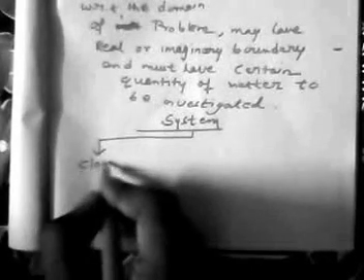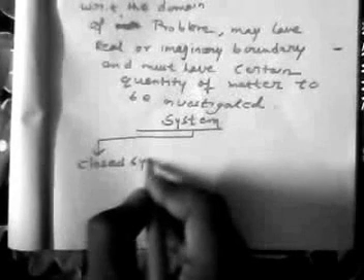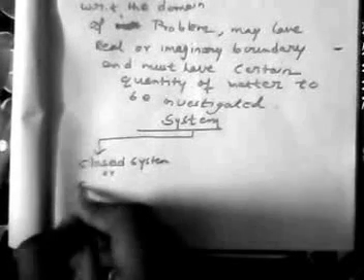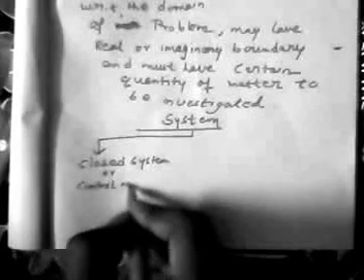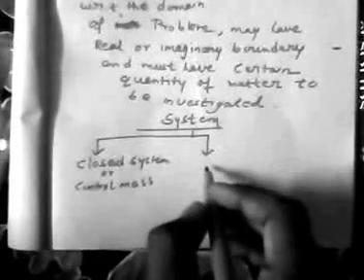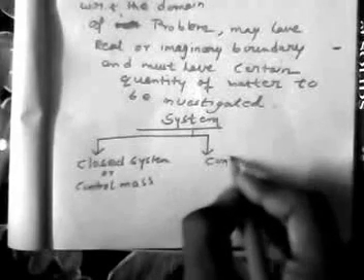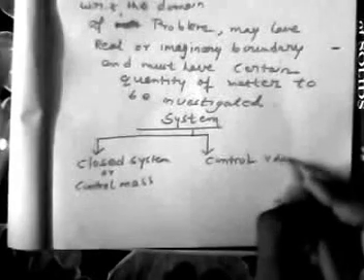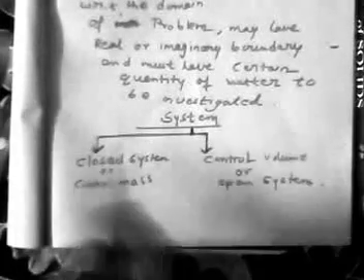With respect to mass interaction, it can be classified into closed system or control mass system, and another is control volume or open system. Another classification is the isolated system, but I will discuss it later because it is a special type of discussion.